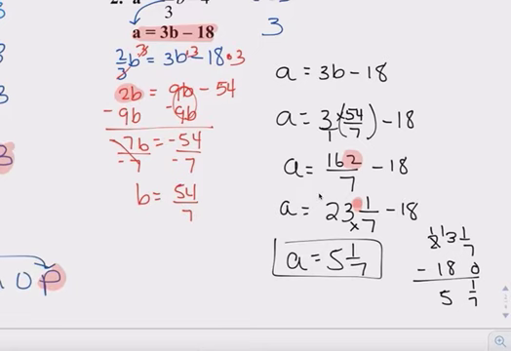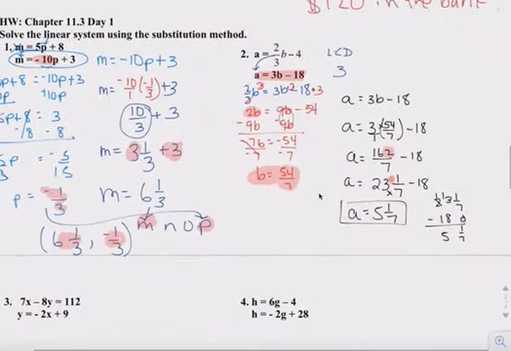So leaving it improper is a good thing, especially when you put 54 divided by 7 in a calculator and get this huge decimal. Leave it and then do your work. It's much easier than the decimal, which is not accurate.